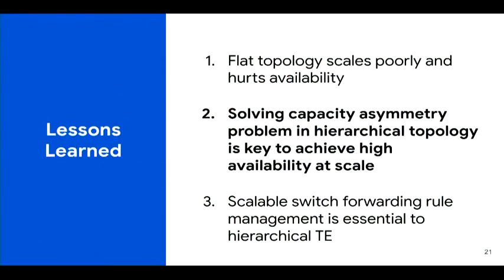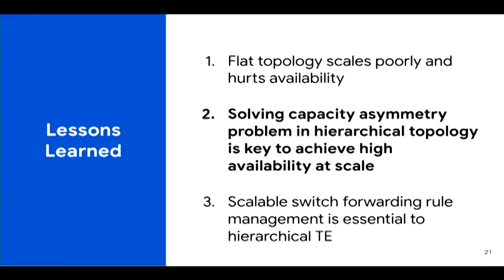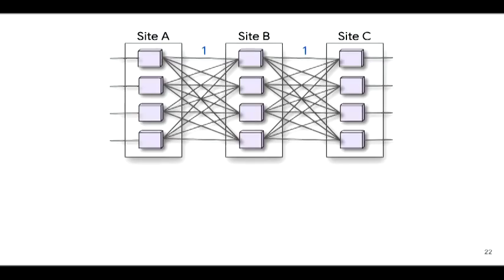But hierarchical topology doesn't really help unless we solve the topology asymmetry problem. Let me take this example to describe what the asymmetry problem is. Suppose we have 3 sites here. Each site has 4 supernodes, and assume we have 4 bipartite connectivity formed between supernodes across each pair of sites, right?